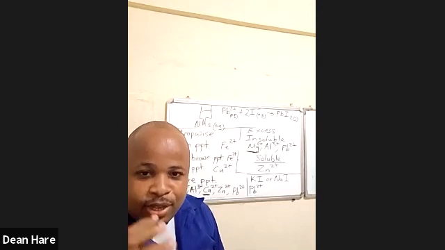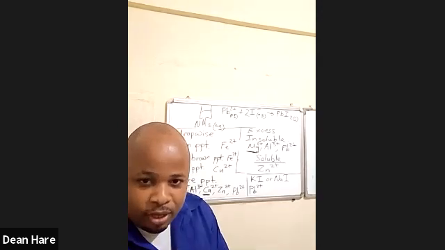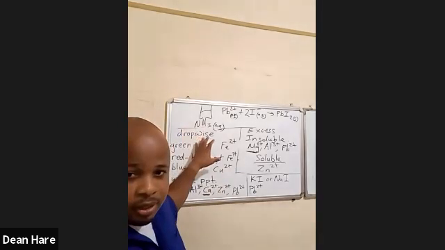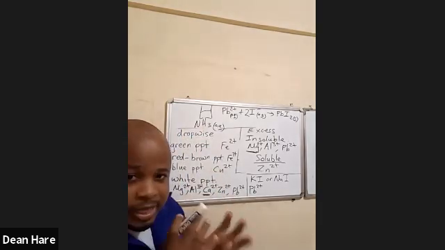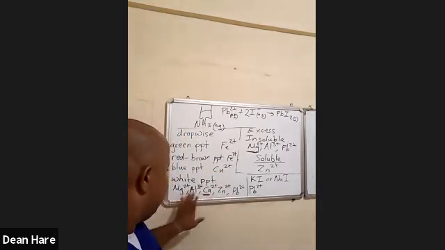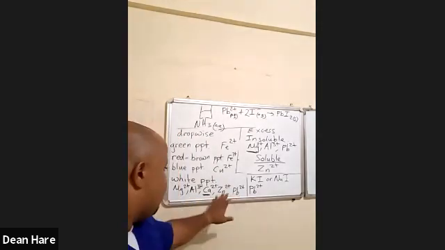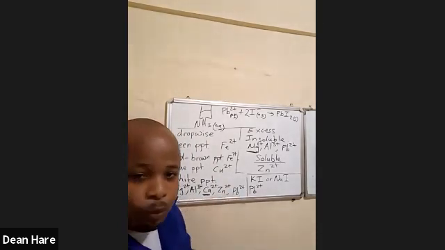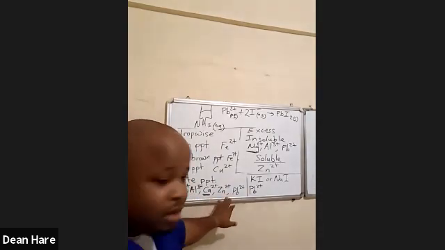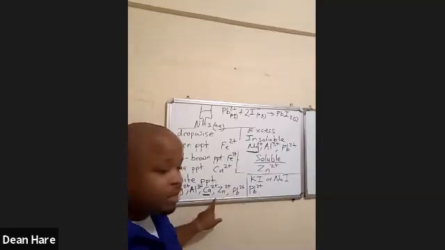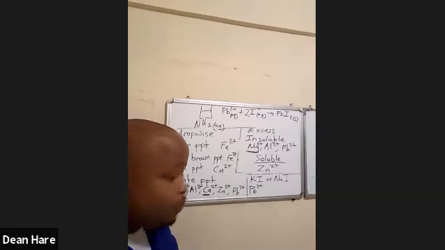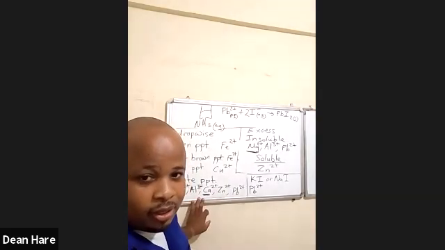If you get a white solid forming when you add a few drops, it can be magnesium, aluminum, calcium, zinc, or lead, but we need to figure out which one of these ions is present. We can't work off one of these 5 ions may be present. We need to know which one it is.